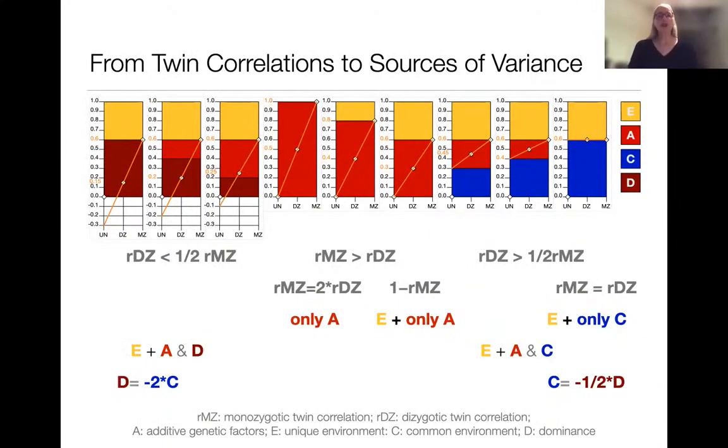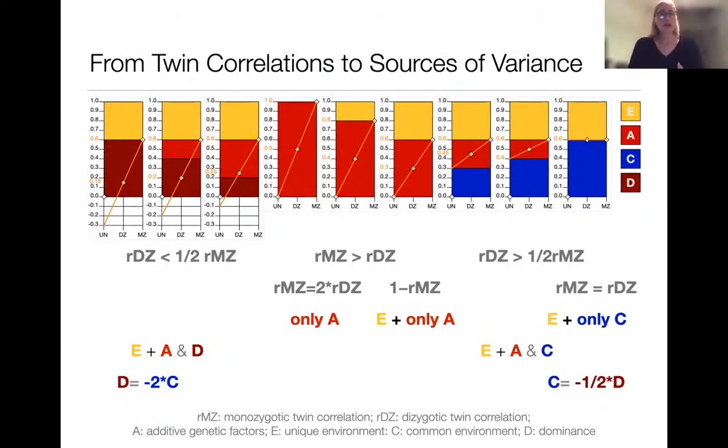Now, if we go to the next figure, where now the MZ correlation has been reduced from 1 to 0.8, but the DZ correlation is still exactly half that of the MZ correlation. That still means that the majority of the variance here is consistent with additive genetic factors, but that the difference between the MZ correlation and the total variance, or in this case, the MZ correlation of 1, gives us an estimate of the E component, the unique environment that makes even MZ twins differ from one another.